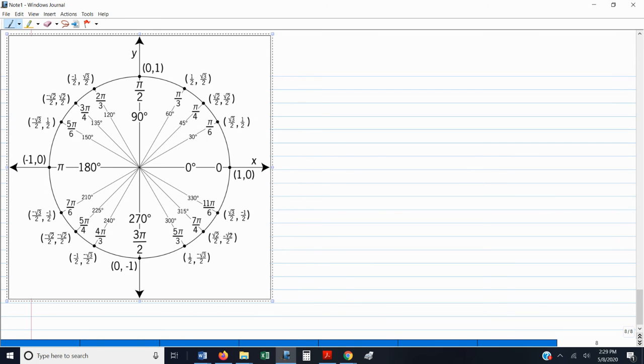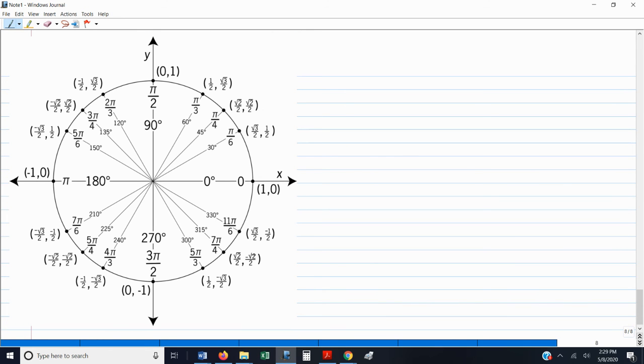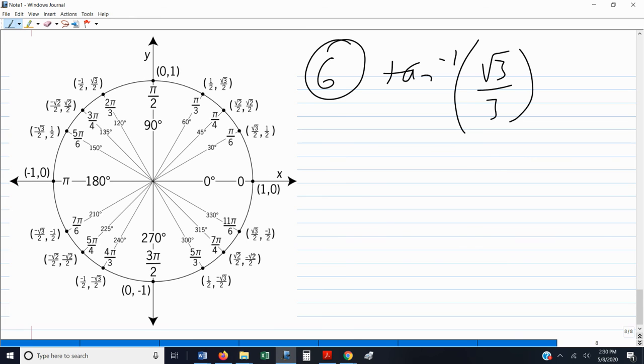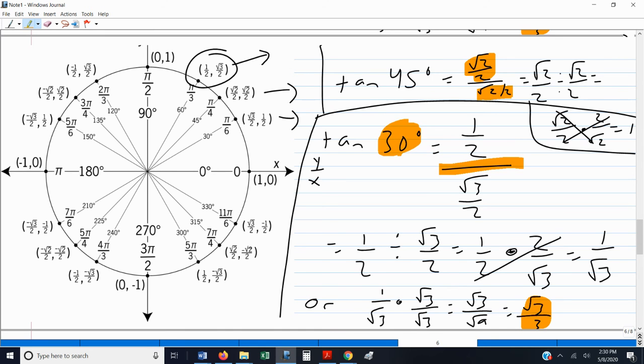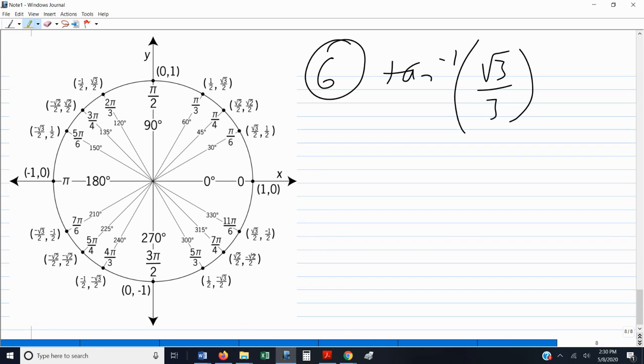The next one we'll look at is going to be number 6, so inverse tangent of root 3 over 3. So again, the 2 thoughts. One is we did this already. We got root 3 over 3 when we took the tangent at 30 degrees. So if you want to just use that as your kind of reference and guide, I think that's fine.